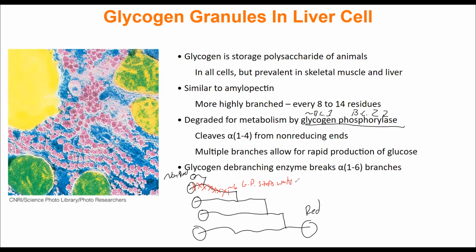It can't cut off any more glucose. So what debranching enzyme does, it will come and it will break this branch point. It'll break this 1,6 bond. When it does that, this will release our 6 long glycogen chain, and now phosphorylase can work, and it'll cut off the rest of the glucoses that we can access.